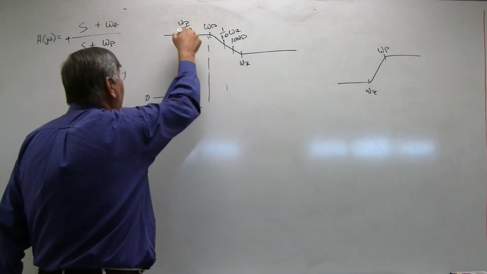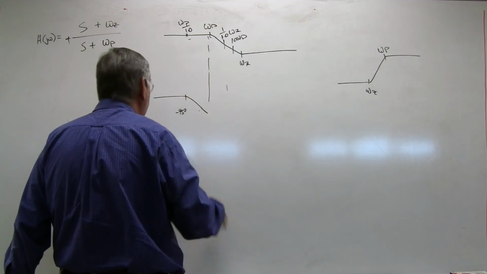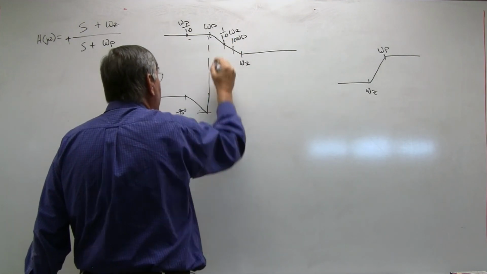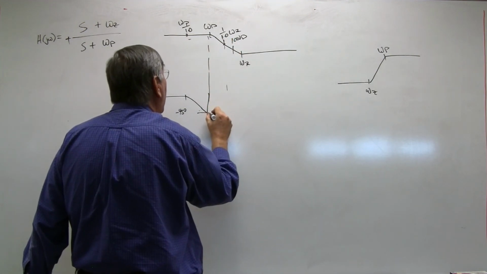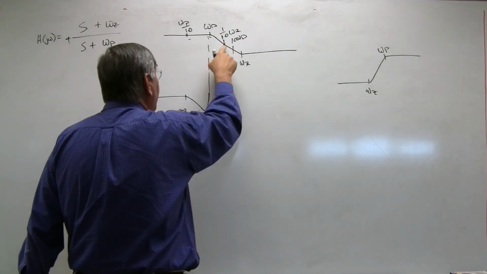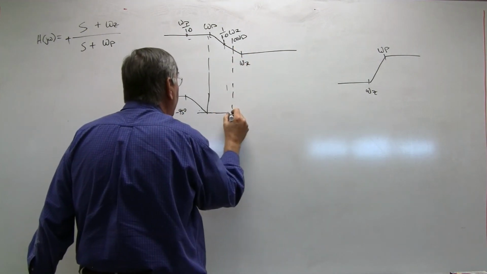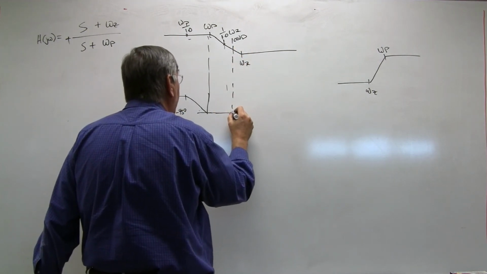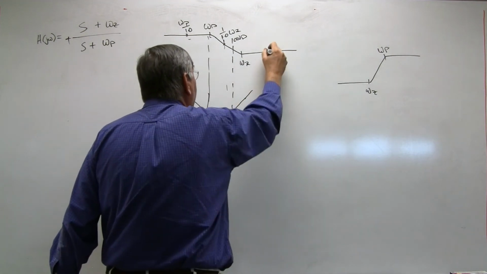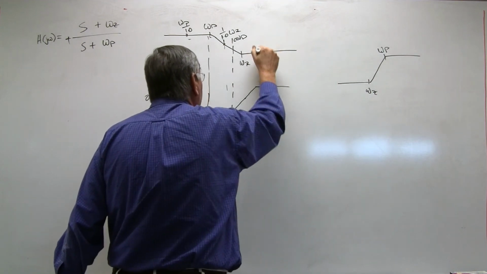So we start down with a slope set by the pole. We get to minus 45 at this frequency, but at this frequency we start flattening out. We cancel the decrease in phase with an increase due to the 0. When this thing runs out, it starts back up and completes its response at 10 times omega z, which is over here somewhere.